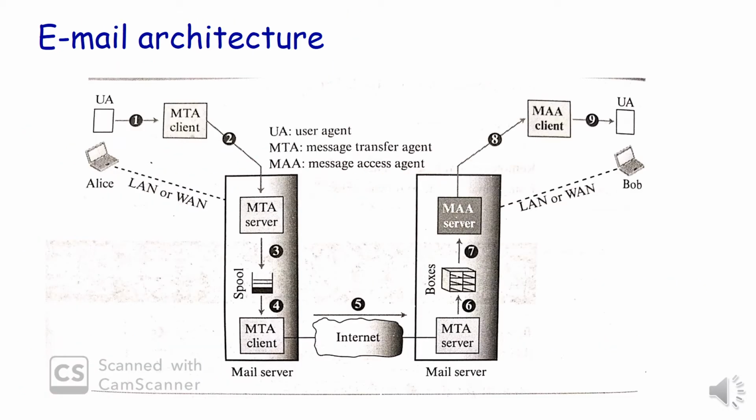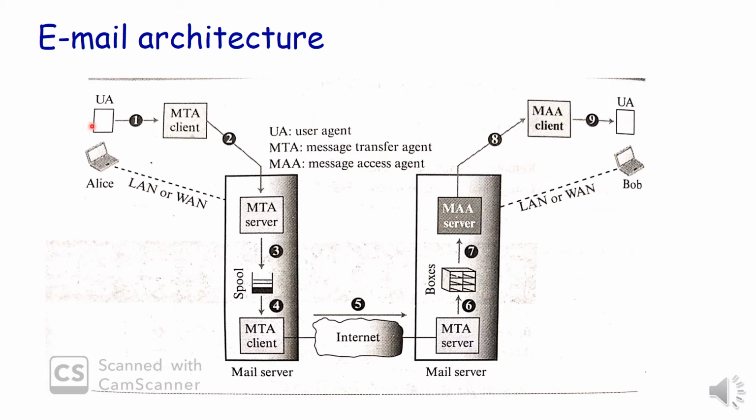This figure explains a simple email communication from Ali's site to Bob's site, which takes 9 different steps from 1, 2, 3, 4, 5, 6 up to 9. There are three different agents: user agent, mail transfer agent, and mail access agent.